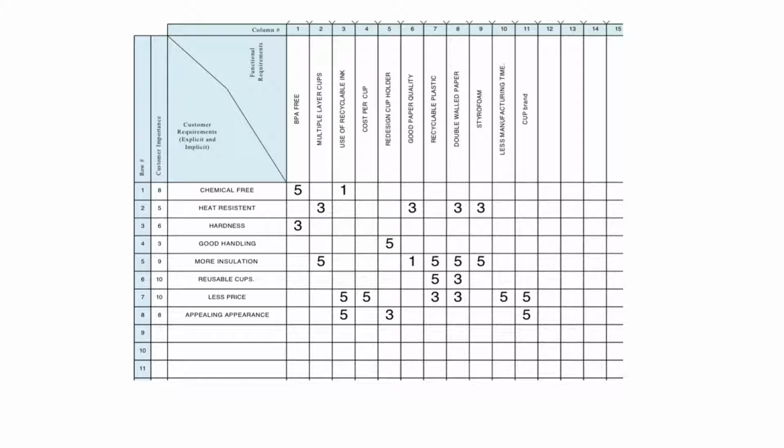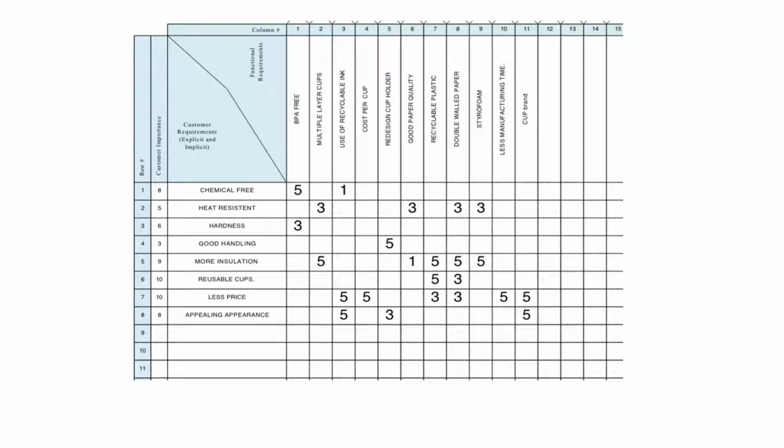But as we look at the lesser price and appealing appearance, recyclable ink gives us brighter colors printed on our cup, and it is also lesser price, because with recyclable ink, manufacturing units get subsidies from the government if they're practicing something to make their process more sustainable. So yeah, that would be cheaper for us.